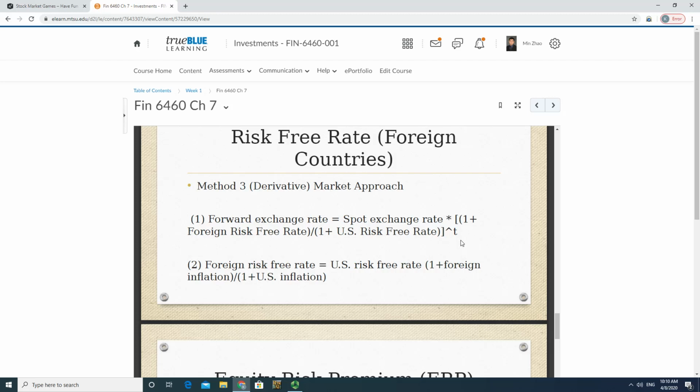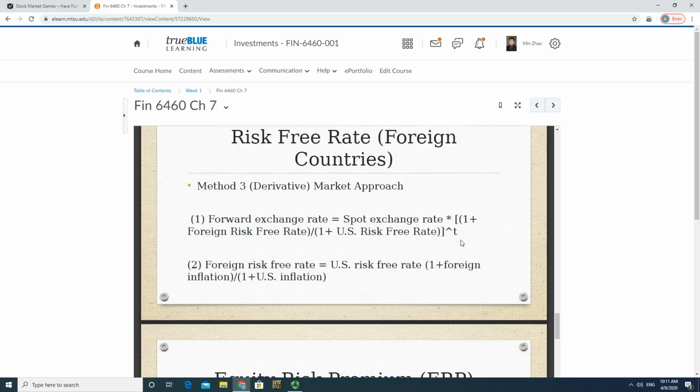Well, the first one tells you that the forward exchange rate equals the spot exchange rate times 1 plus the foreign country risk-free rate divided by 1 plus the US risk-free rate. This is the well-known official equation in the international finance area, and it shows you the fundamental relationship between forward rates and spot rates for foreign currencies.